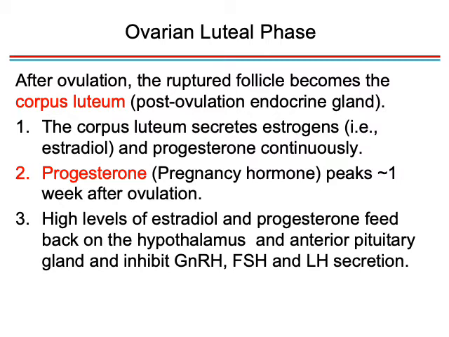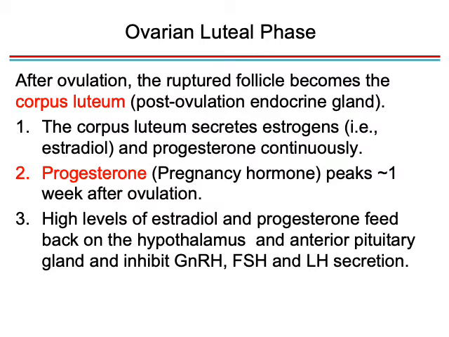Now, post-ovulation, the ruptured follicle continues to be an endocrine gland, but it changes shape, it changes its color, and becomes a structure known as the corpus luteum.